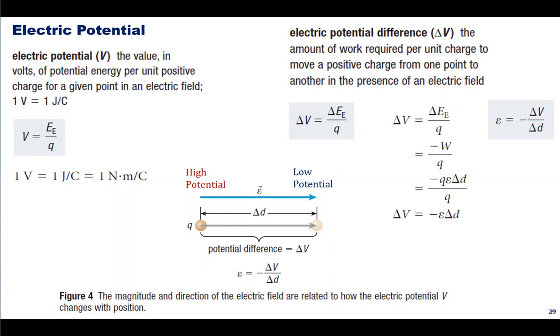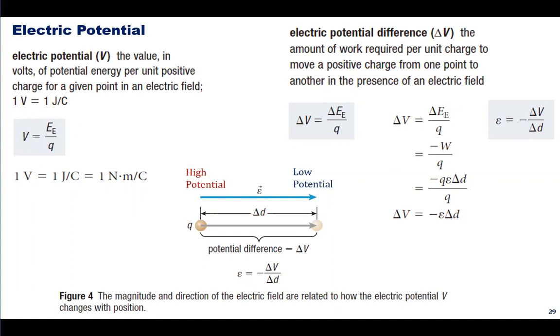electric potential, which is usually denoted by uppercase V, which is a measure of how much electric potential energy is associated with a specific quantity of charge at a particular location in an electric field. Based on this definition, we have the following relationship.